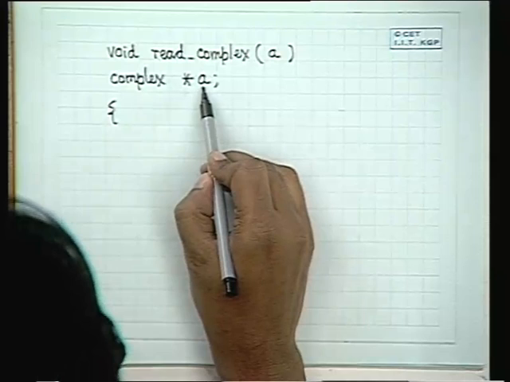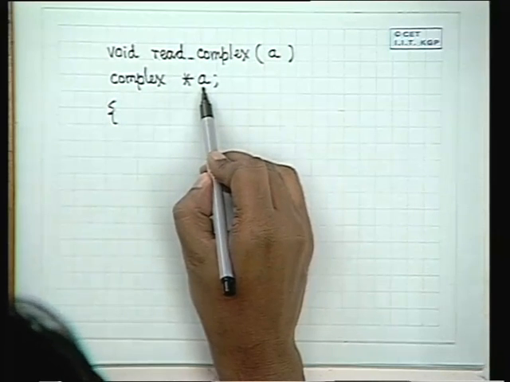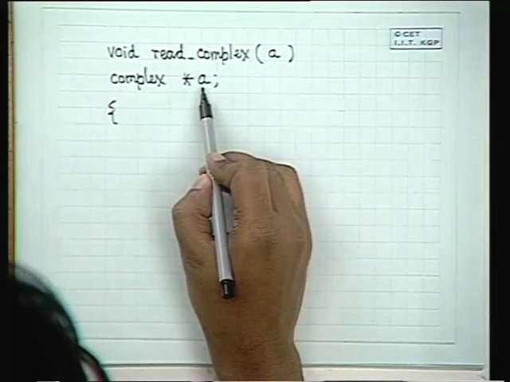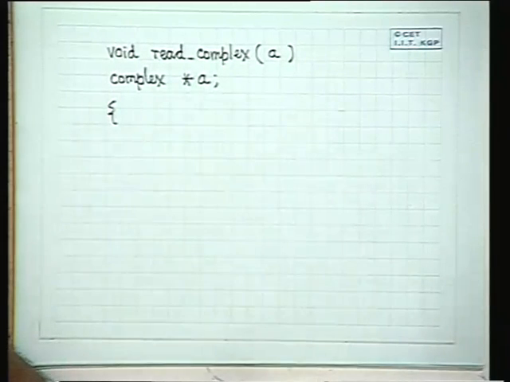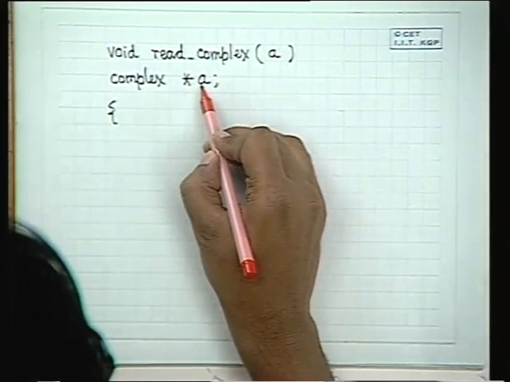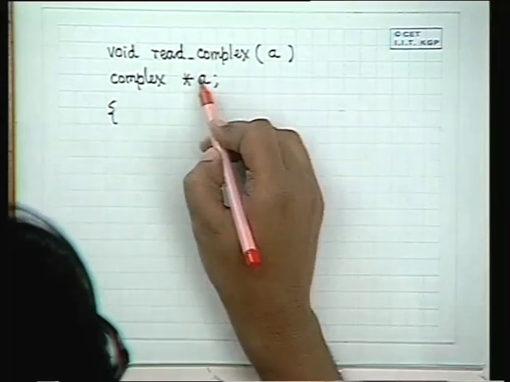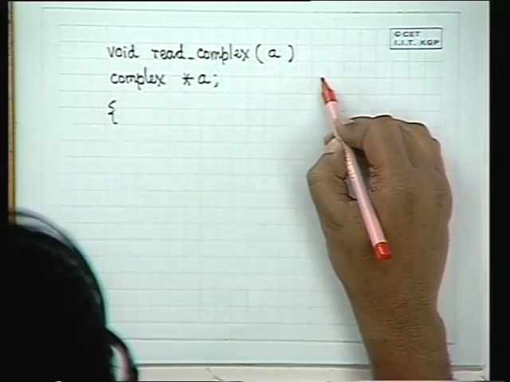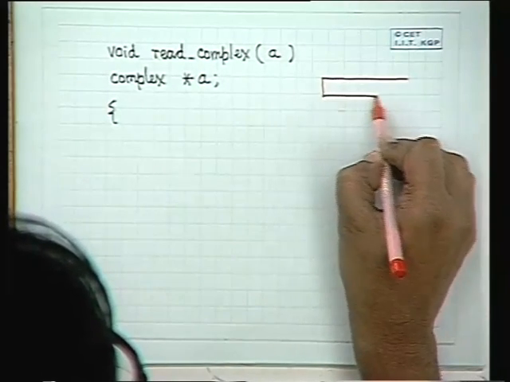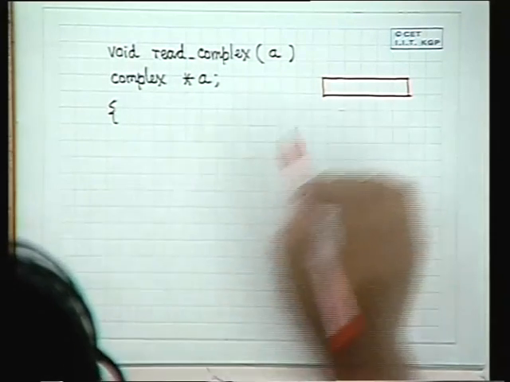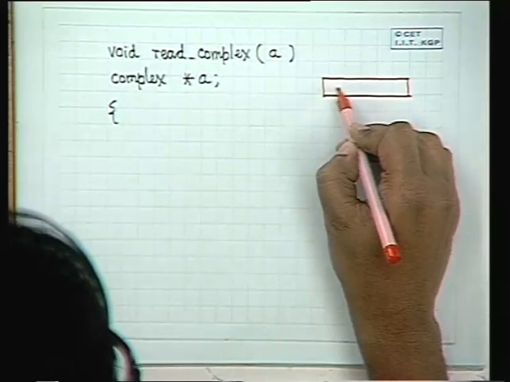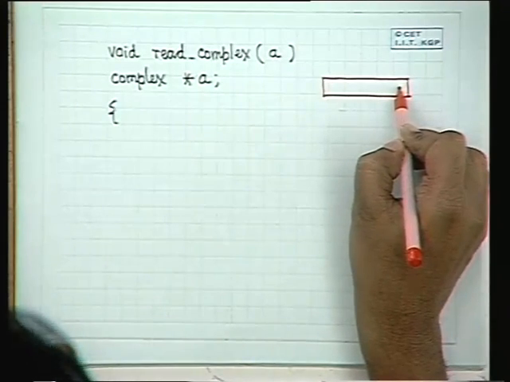Now let us note, A is a variable. In order to understand this, let us be very clear. A variable will get a storage location, and the content of this variable is what?